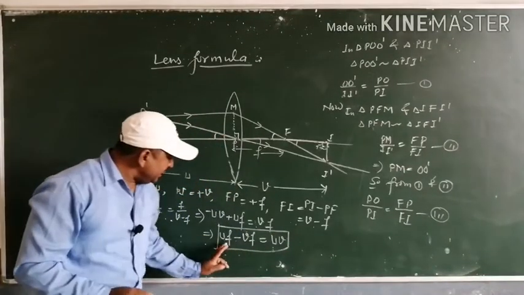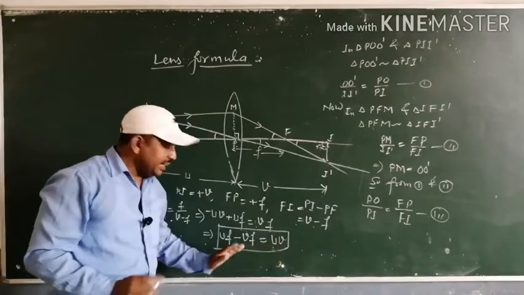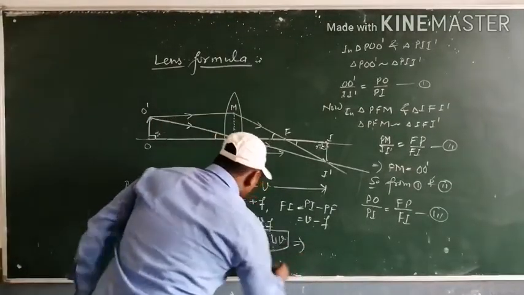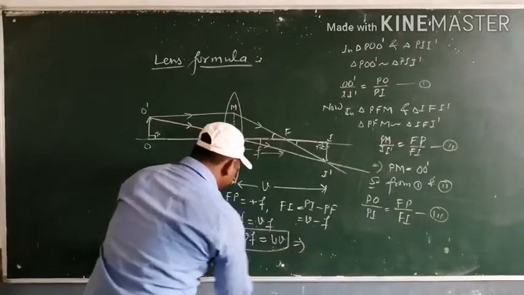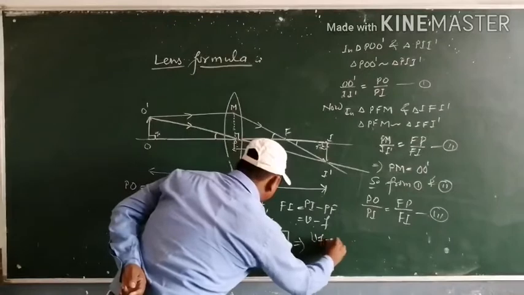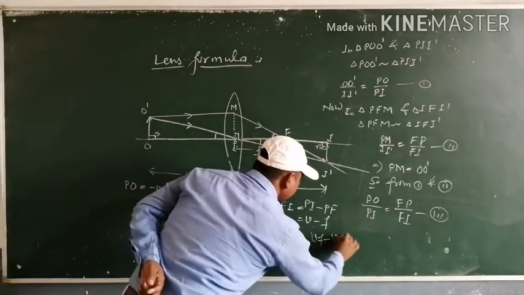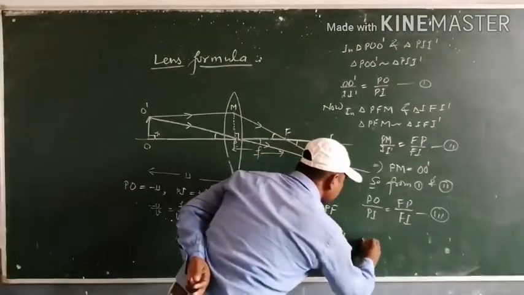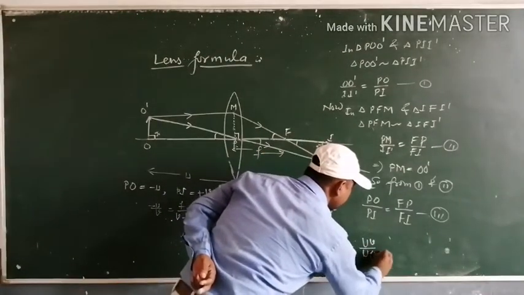But if we divide this relation by UVF, then UF minus VF divided by UVF is equal to UV divided by UVF.